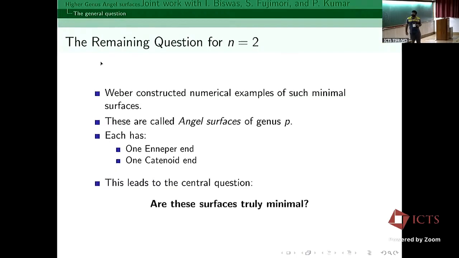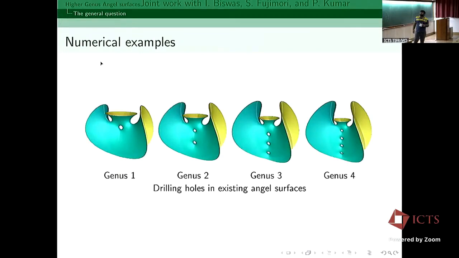What is remaining for the n equal to 2 case? Weber constructed some surfaces numerically. He called them angel surfaces. They have a catenoid end and a planar end, and increasing genus. For every p, numerically he constructed those, both odd genus and even genus.